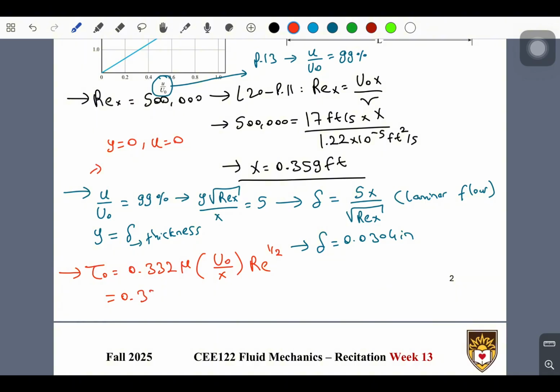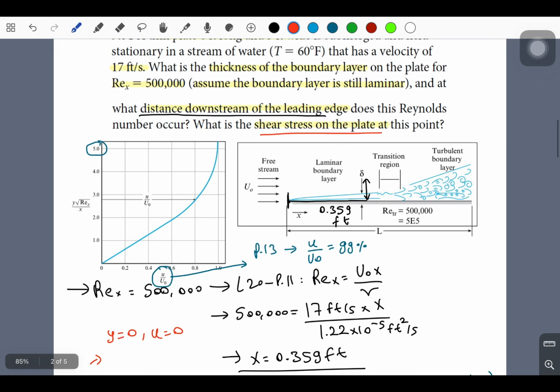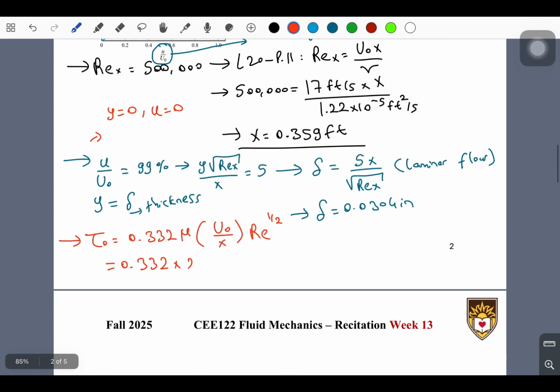This gives, we have the dynamic viscosity. I think it is also not given, but you can of course get it from tables. I will directly write it.